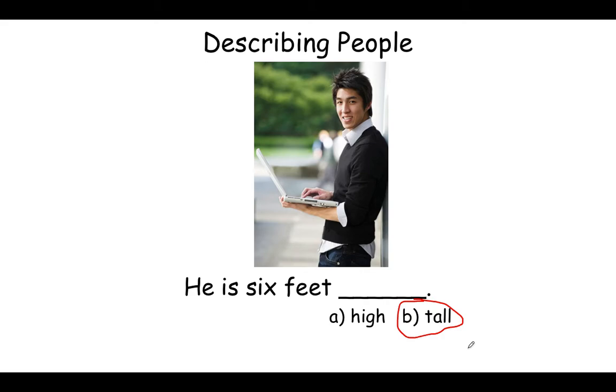When you're talking about people, you say tall. He is 6 feet tall and not high. So whenever you're describing the height of somebody, we use the words tall and short to describe them.